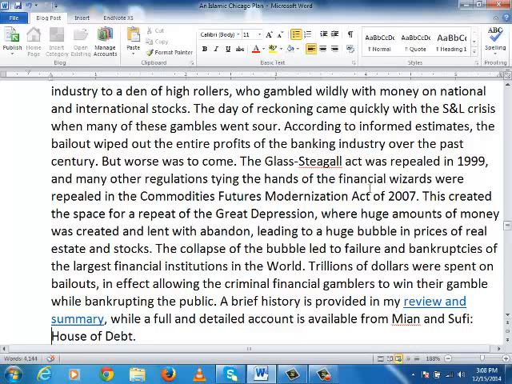And then there was another act, the Commodities Futures Modernization Act, which removed a lot of restrictions on derivatives and other kinds of complicated instruments. Derivatives are basically gambles on stocks.